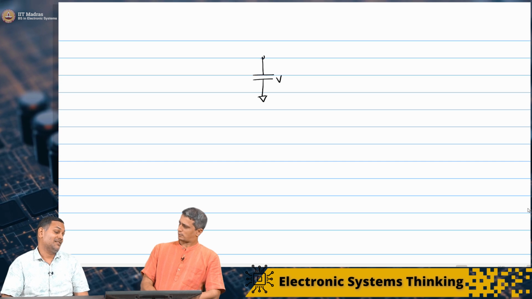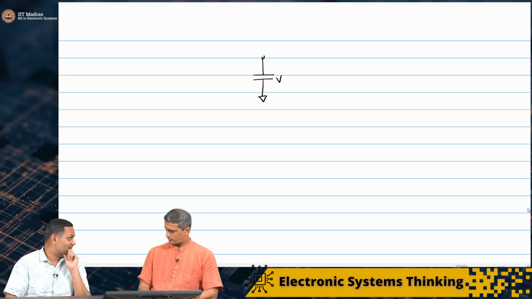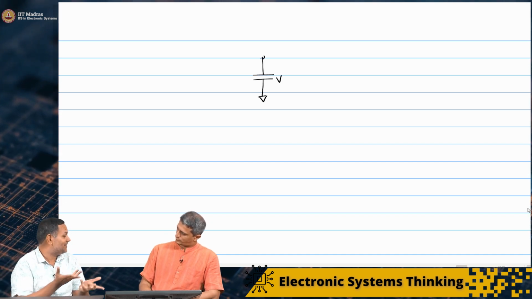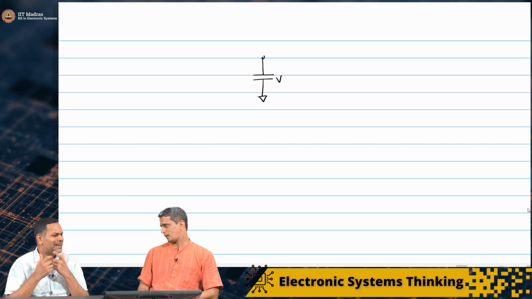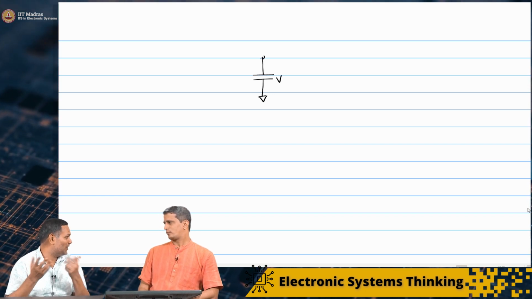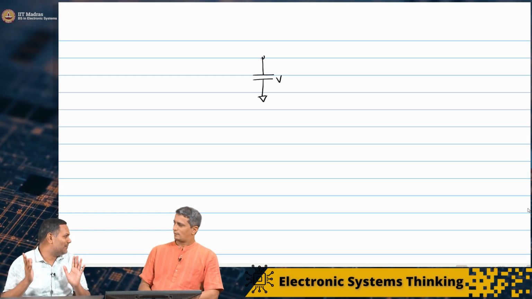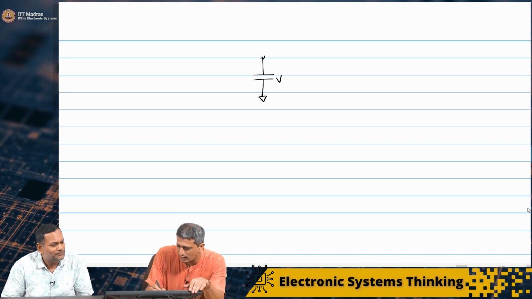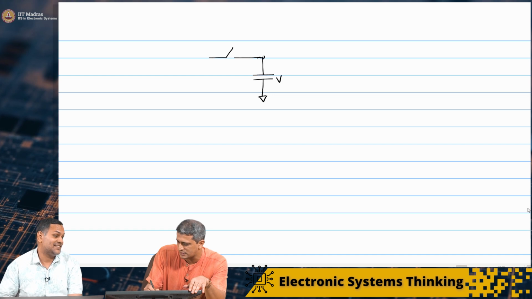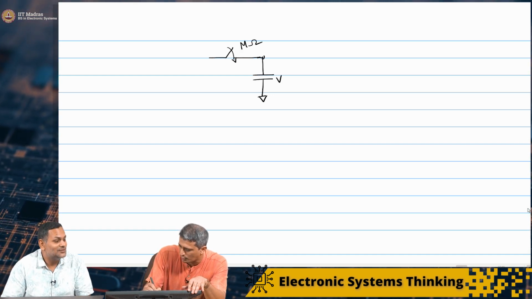If it's an ideal capacitor, it seems like the ideal storage element. But I can imagine there will be some path through which charge might not stay for a long time. If I wait long enough, the charge will die out. Even if you take the ideal switch, we said it had an off resistance of mega ohms.